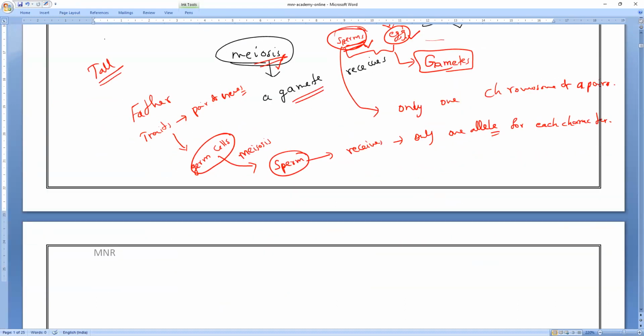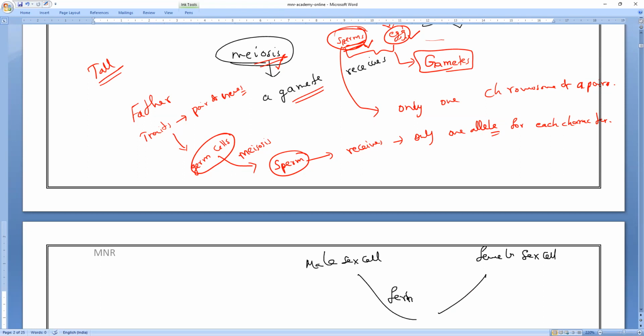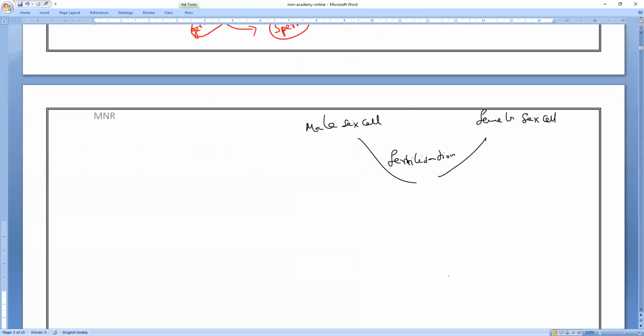So both germ cells, the male sex cell and the female sex cell, will combine and form a single cell. What do we call it after fertilization? Zygote. Zygote means baby, offspring, progeny.